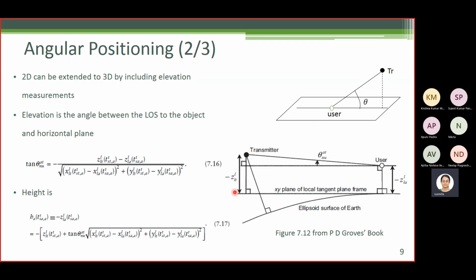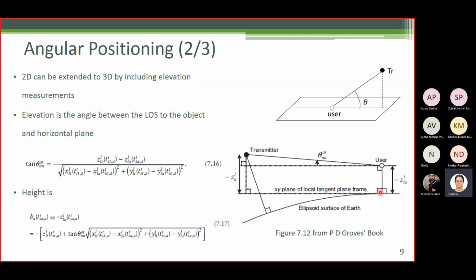For this purpose we will consider this figure here. We have already used bearing measurements to two transmitters to find the X and Y coordinates of the user. So the X and Y coordinates of the user are assumed to be known.